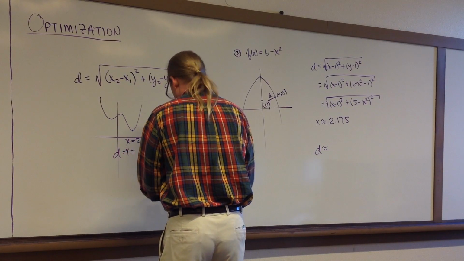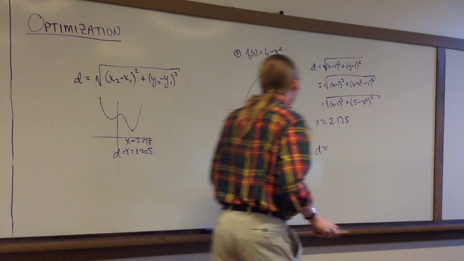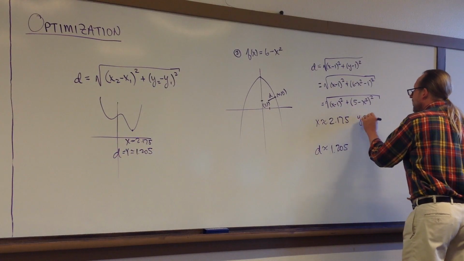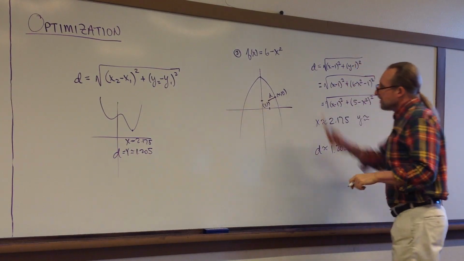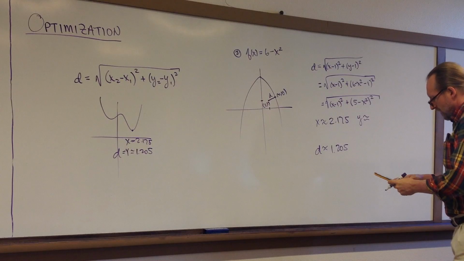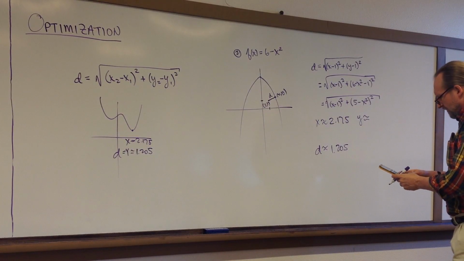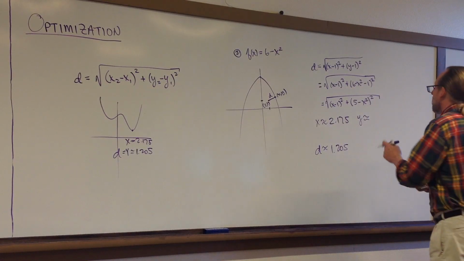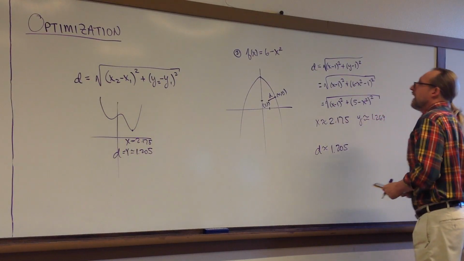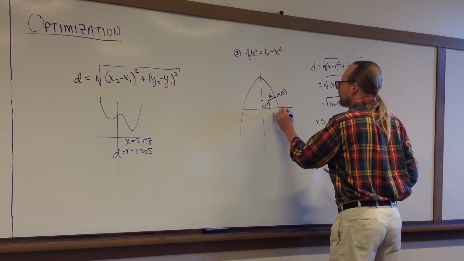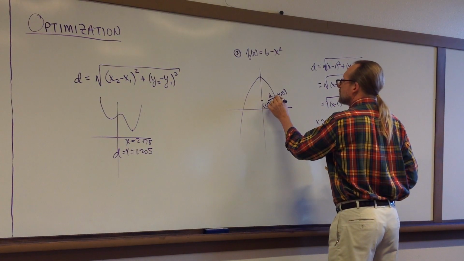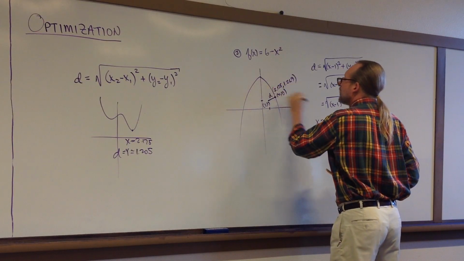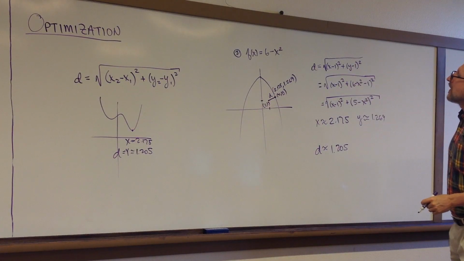That is 1.205. So how do we get the y value for this point right here? Calculate 6 minus x squared: 6 minus 2.175 squared, 1.269. So the point is (2.175, 1.269), there it is. Pretty much right where I had drawn it, but now we know what the coordinates for that point are.